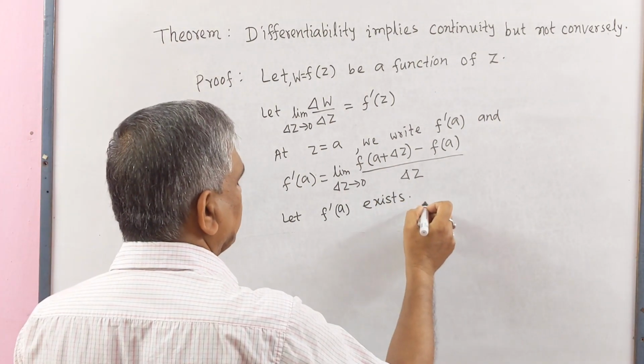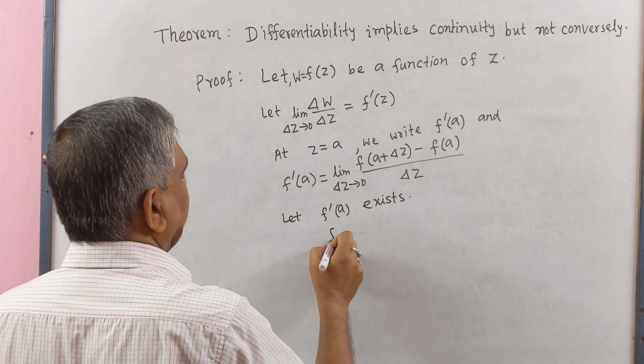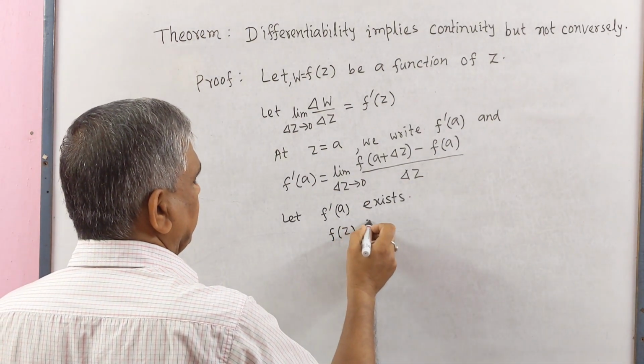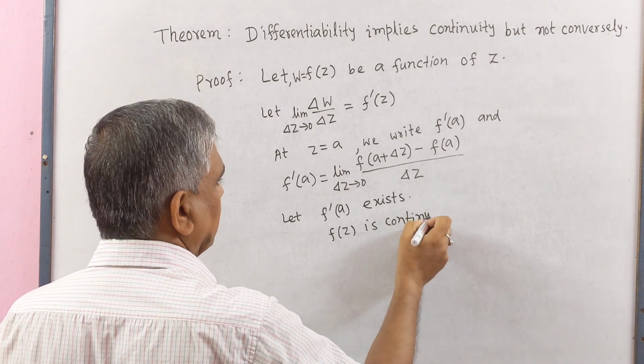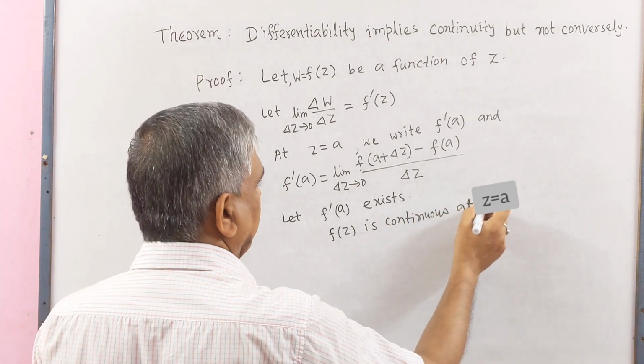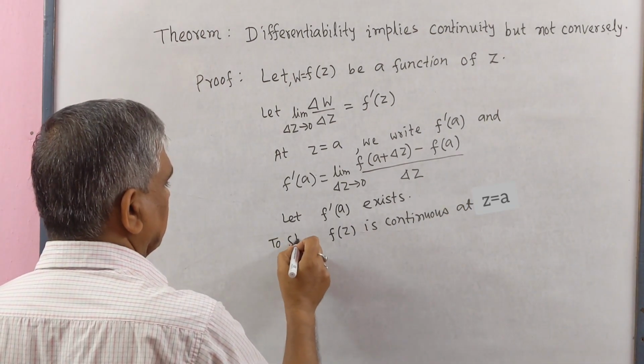We shall have to show that f(z) is continuous at Z equal to A. This is to show.